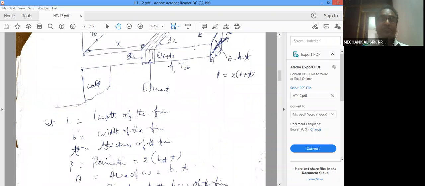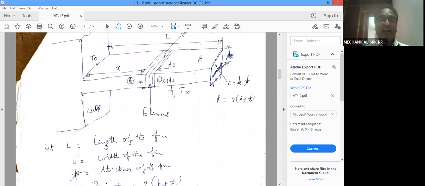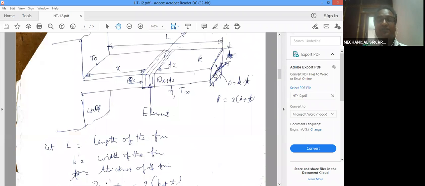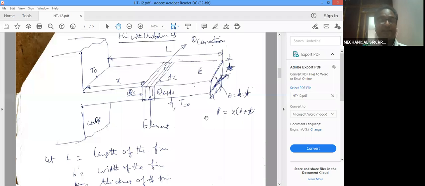So consider a fin of length L. B is the width of the fin, T is the thickness of the fin, and P is the perimeter.